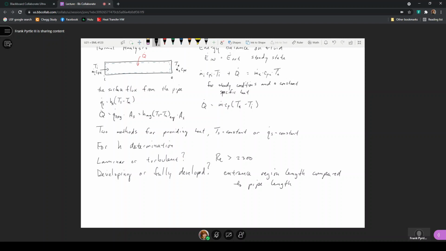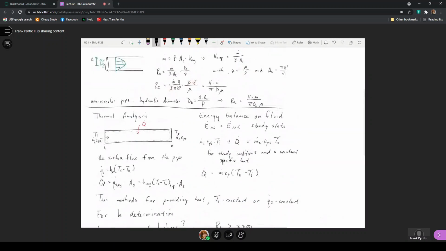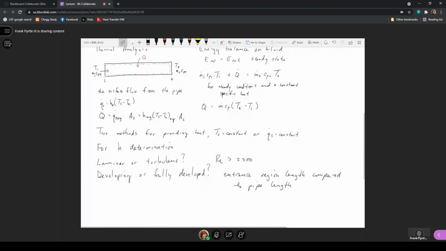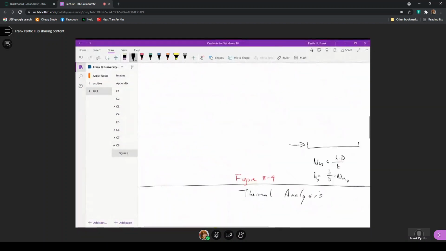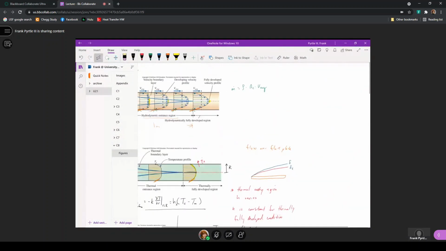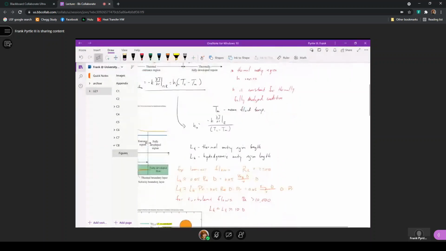So if it's a laminar flow, we had these expressions. I think they're on the other page here. The entrance region length that we're going to compare to the pipe length is going to be calculated as 0.0... Let me just try to put it on the page here. Here we go.